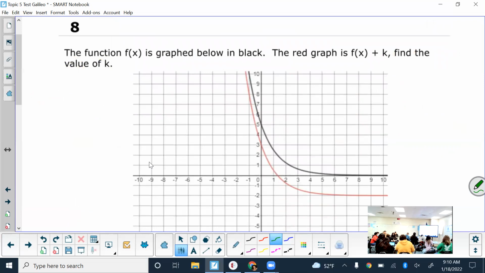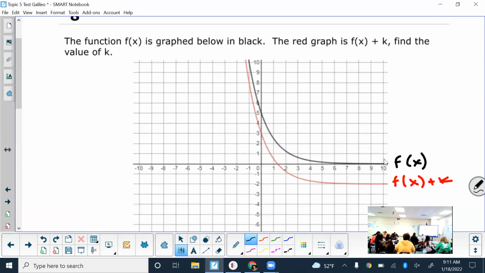All right, so the function f of x is graphed below in black. So this is like my parent function, the one in black. And the red graph is f of x plus k. The original graph, which is f of x, is in black. And we need to find the value of k.